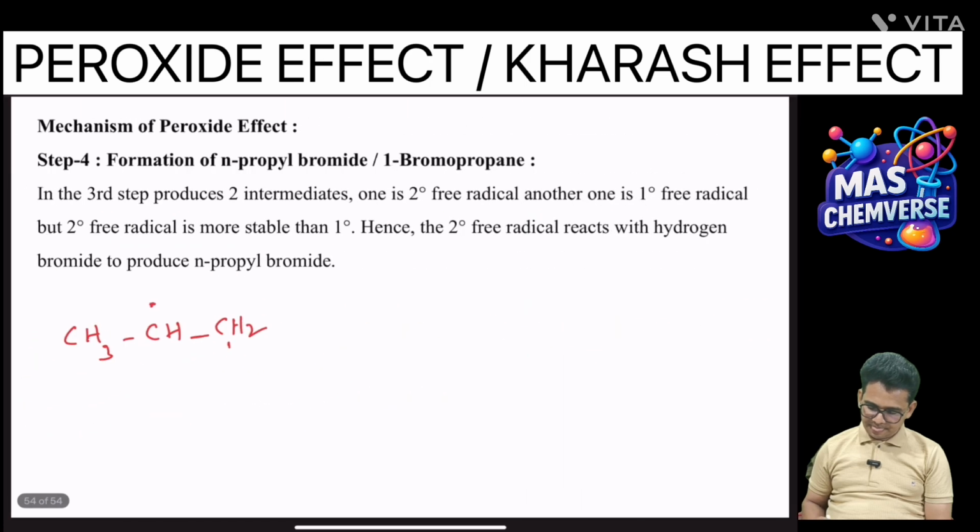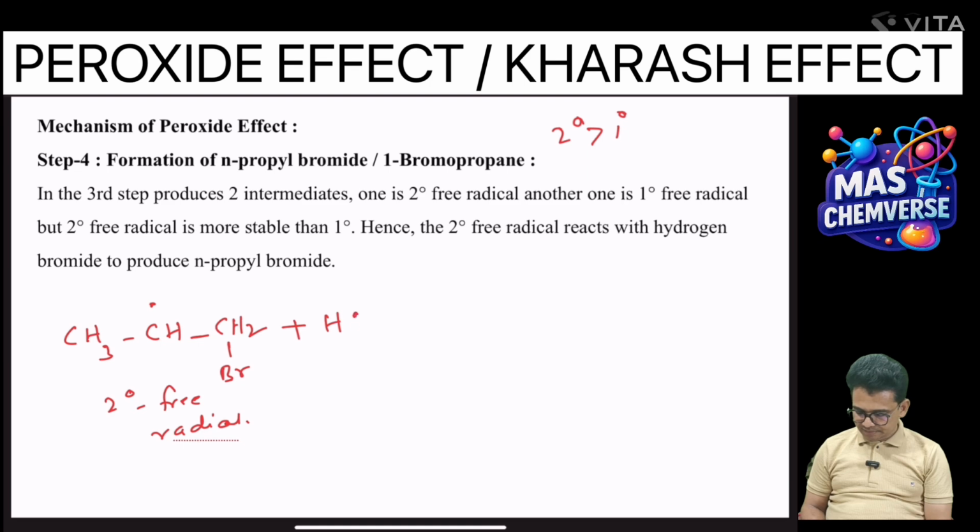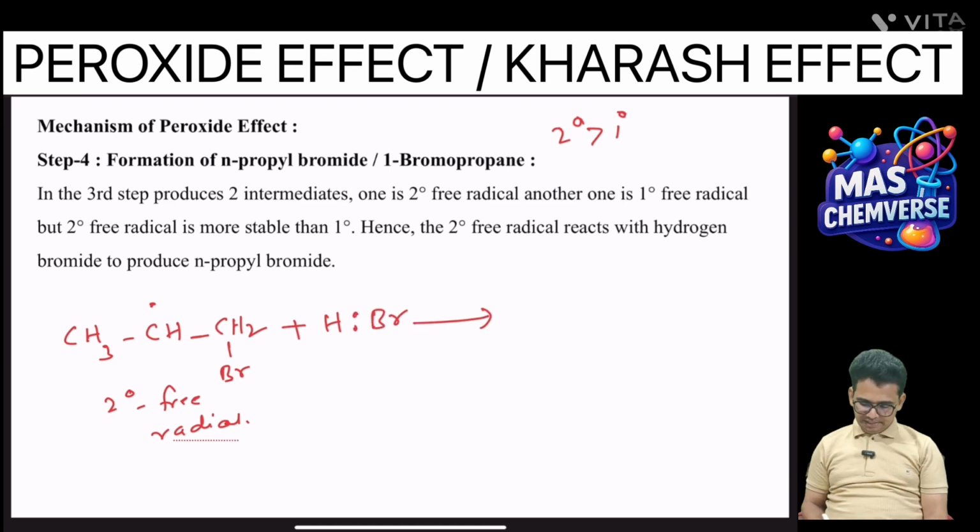Okay. Now what did I tell? Secondary is more stable than the primary free radical. That's why I will take the secondary free radical. This is the secondary free radical. Now it is going to react with the hydrogen bromide. See what happens. Here already one electron is there. Here already one electron is there. One more electron is here.